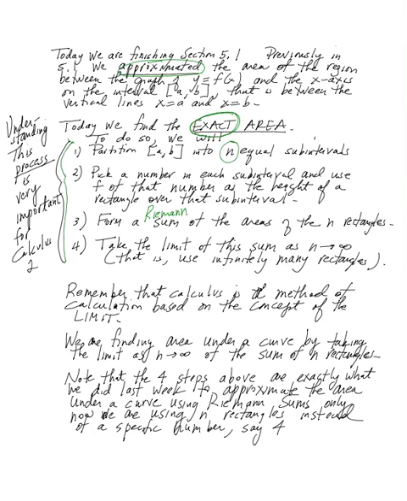We're doing step 4 here. We're taking the limit of our Riemann sum as n approaches infinity. That is, we're going to use infinitely many rectangles.